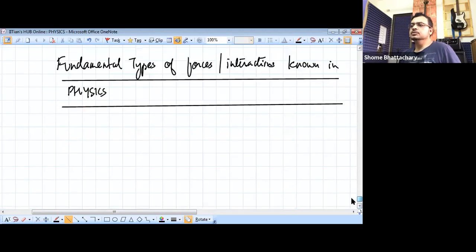So fundamentally in the universe, like I explained to you in the very first lecture when we discussed the scope and the width of the subject of physics, we had understood that there are four types of fundamental forces. The first is the gravitational force.